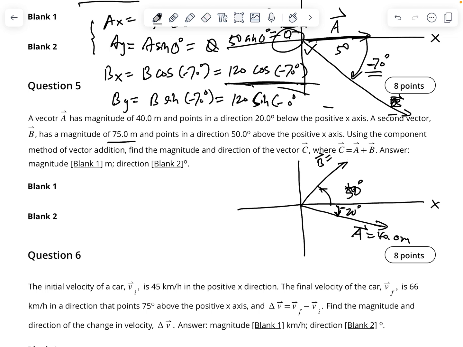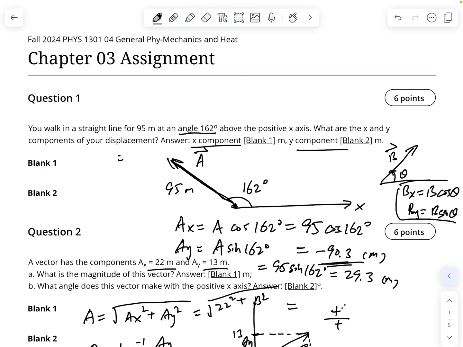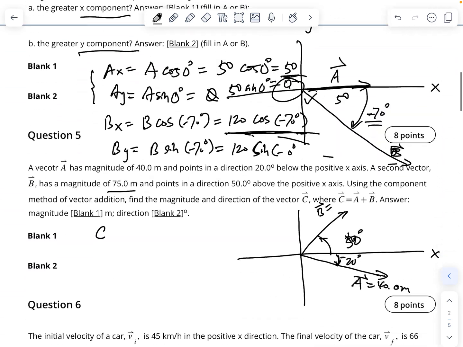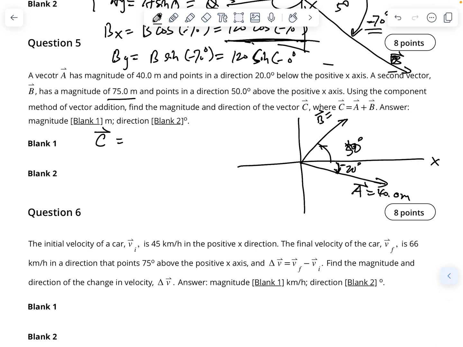Components method, because C equal to A plus B. The components method says that Cx equal to Ax plus Bx, Cy equal to Ay plus By. All right. So what is Ax?